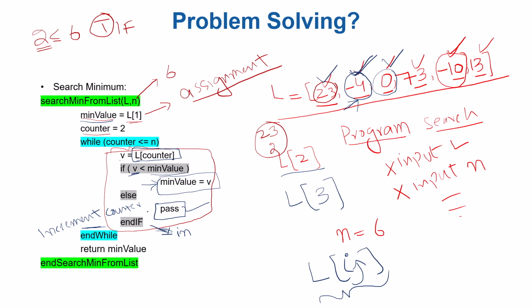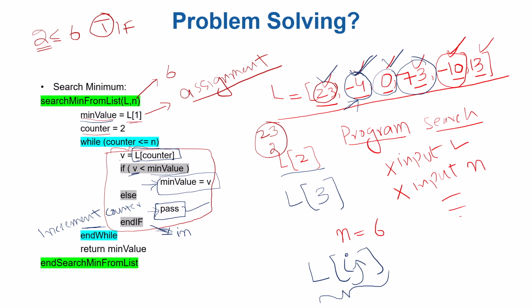So when you're here, don't do anything, exit the if condition, and increment the counter again. Now the counter value will become 4, and the value at 4 is 73. First of all, check 4 is smaller than or equal to 6. Yes, v will contain the value at index 4, which is 73. Is 73 smaller than -4?